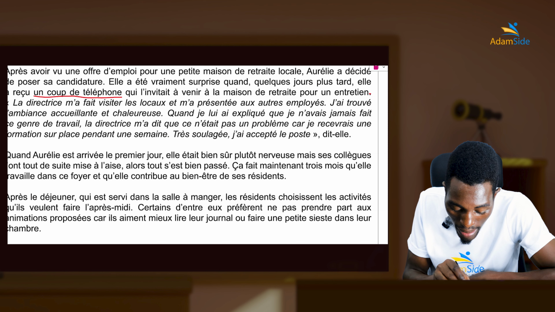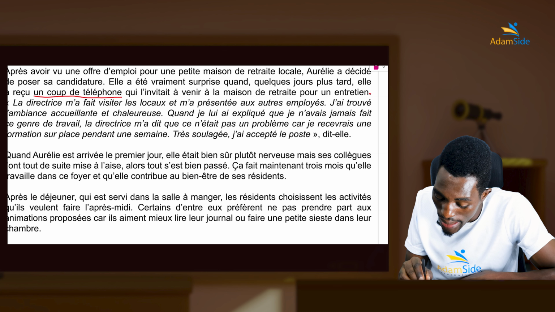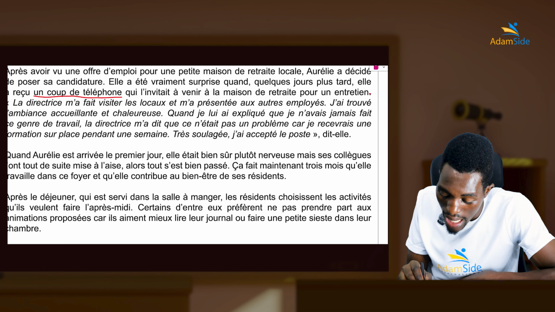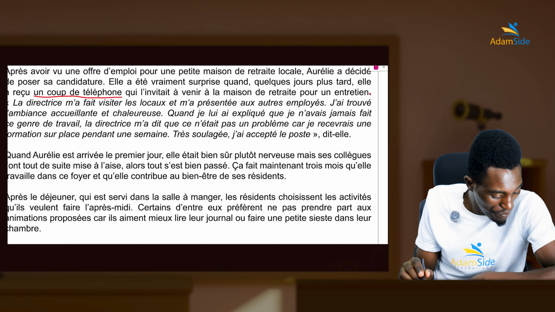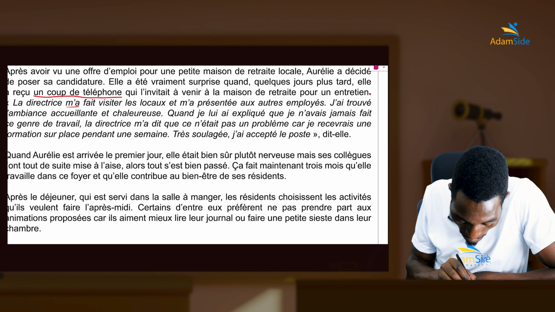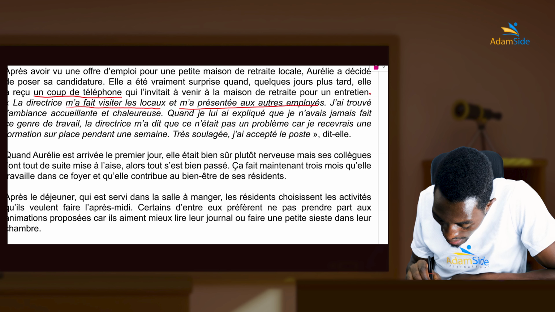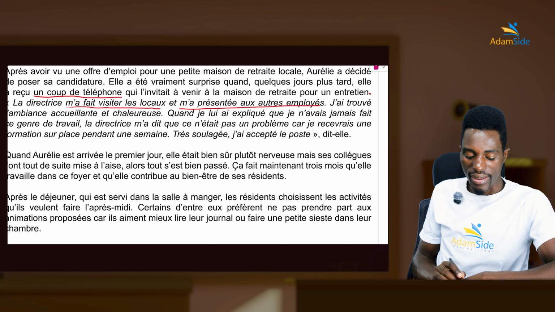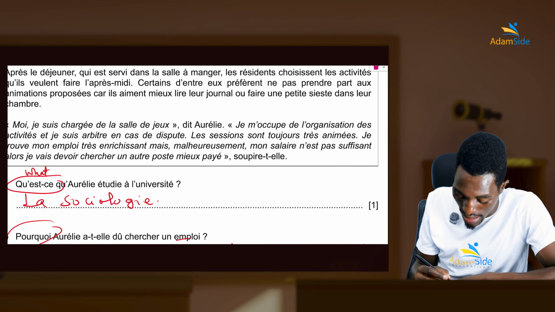La directrice m'a fait visiter les locaux et m'a présentée aux autres employés. Oh, okay. So, the answer is la directrice m'a fait visiter les locaux. Présentée aux autres employés. This is true. So, this is the answer. Then let's go and write the answer.